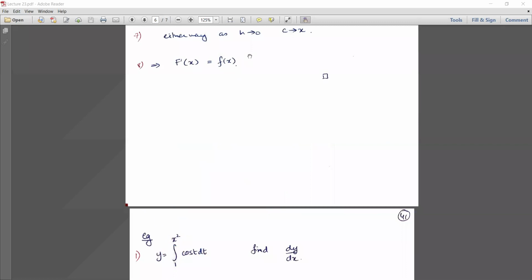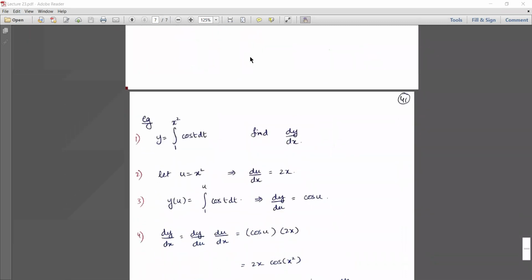Well, let me just write u is equal to x squared just to make it very clear. If I let u be equal to x squared, then this integral becomes the integral from 1 to u of cos t dt. And I want dy by dx. The fundamental theorem of calculus, if I apply it directly, will give me dy by du, and then I can calculate du by dx. This is how I would apply the chain rule.